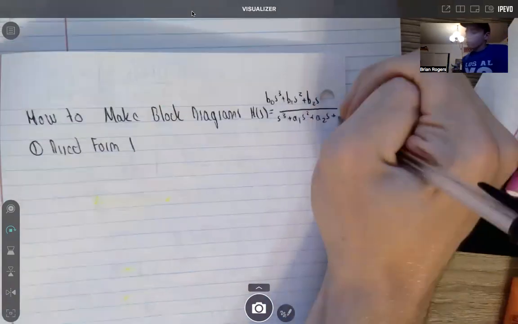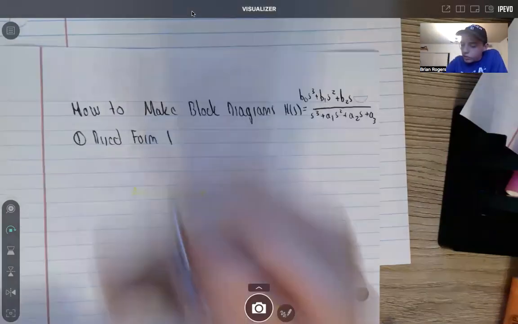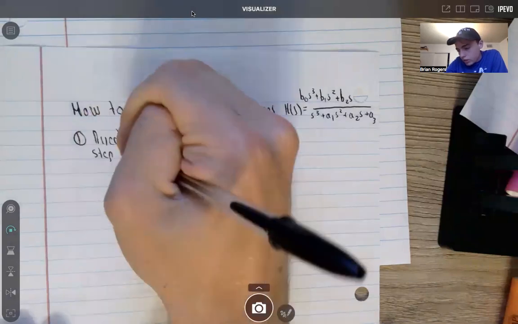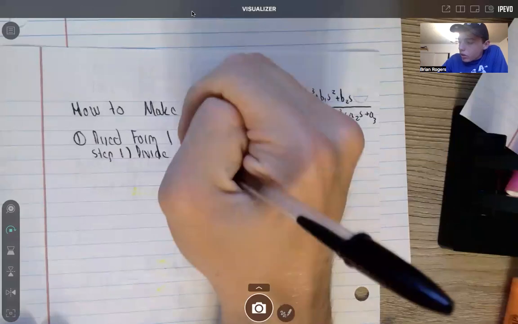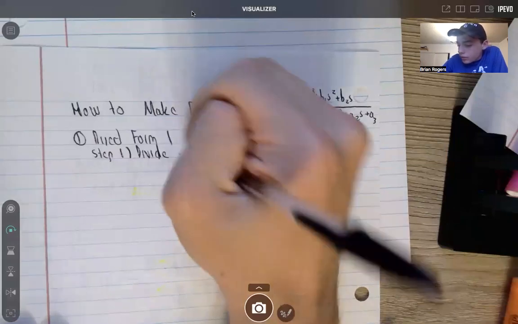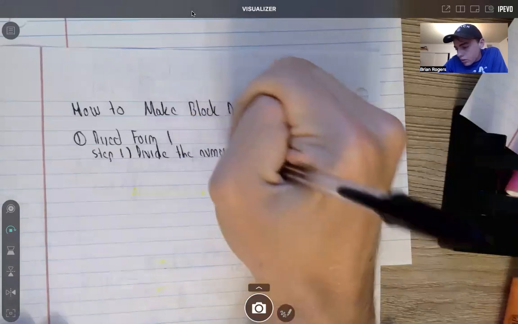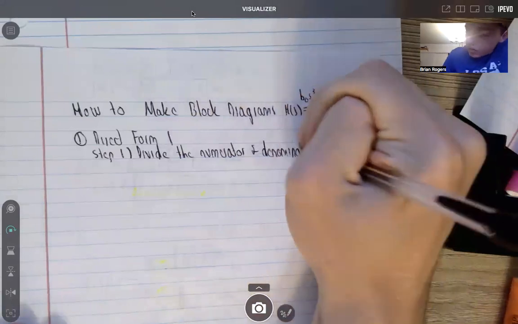So what we need to do for this one, step 1, is divide the numerator and denominator by the highest degree of S.